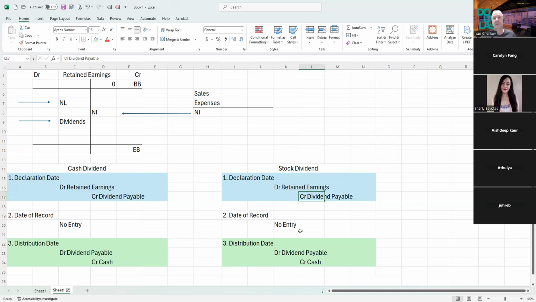And at the end, on the distribution date, you're not going to give them cash. What are you going to give them? Yes, we're going to give them shares. That's correct.